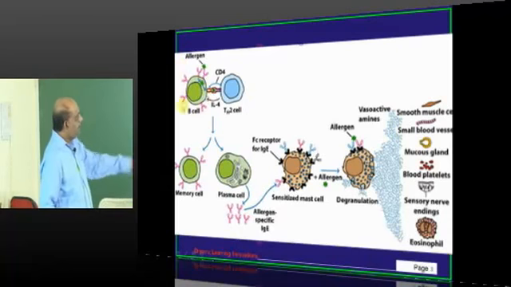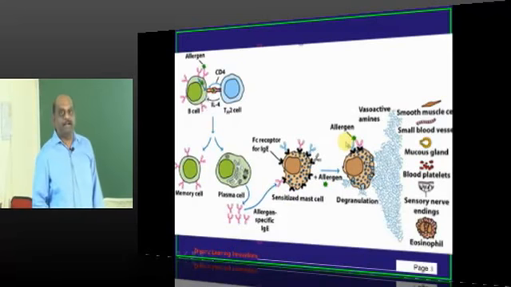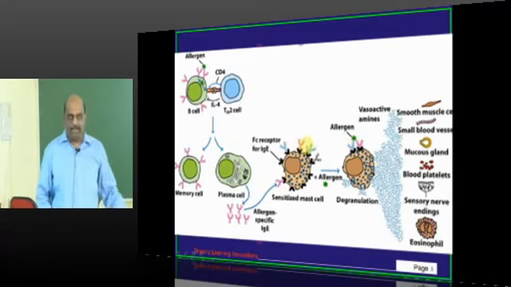So this is the B cell, and the allergen has sensitized the B cell, and immunoglobulin E, which is bound to the Fc receptor of that sensitized mast cell, is waiting for the second exposure with the allergen. The moment second exposure occurs, it will undergo degranulation and release the various inflammatory mediators.